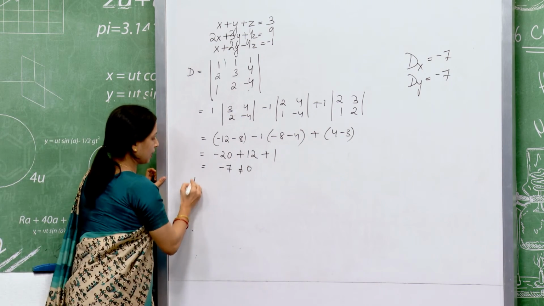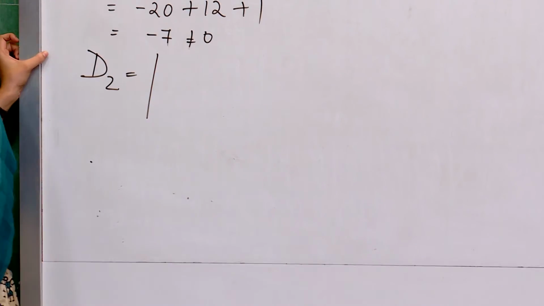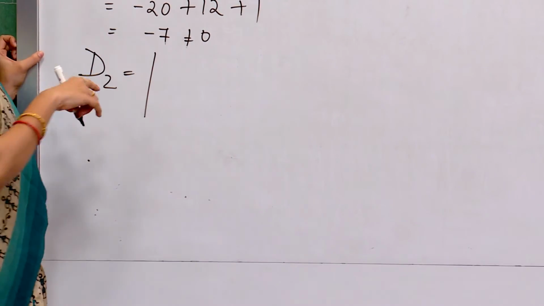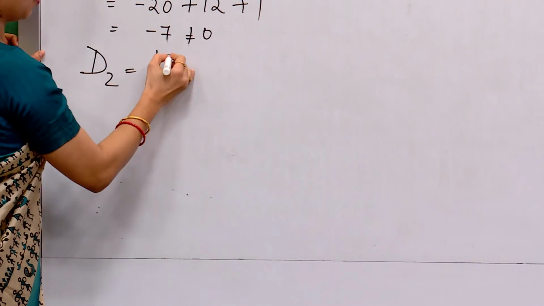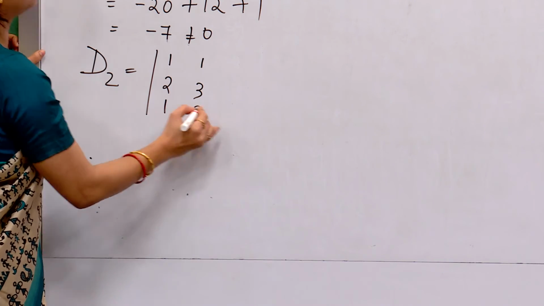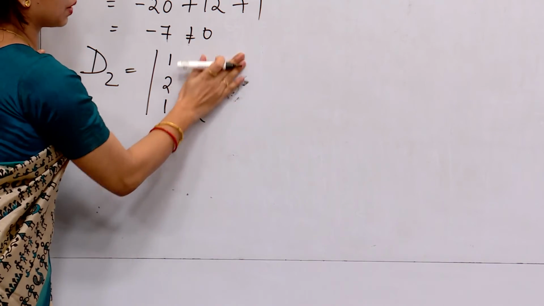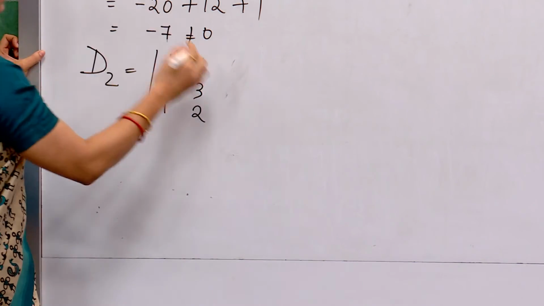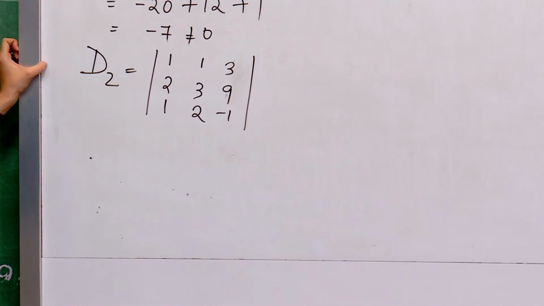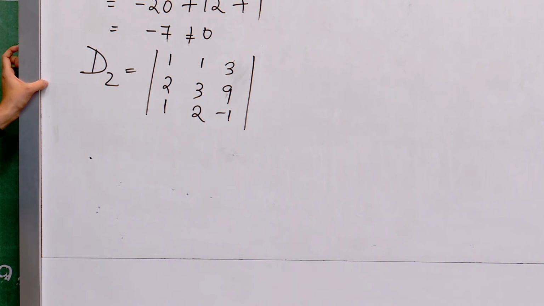The remaining coefficients remain the same. So, 1, 2 and 1, 1, 3 and 2, 1, 4, and the last column we have to substitute with known values. So, known values means 3, 9 and minus 1, right. Again we have to find out the value of the determinant dz by expanding it along row 1.